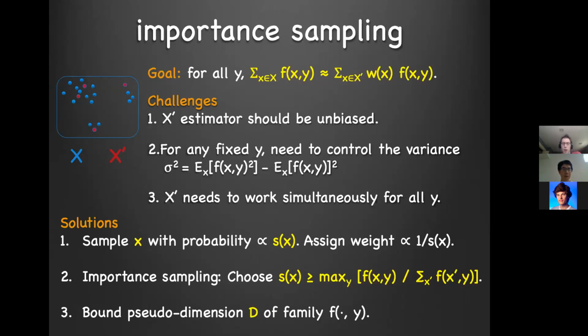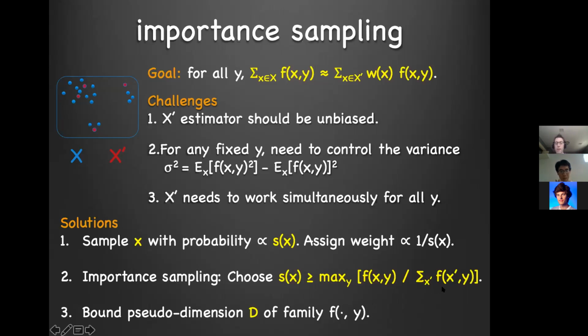And so let me walk you through that expression. The sensitivity, for a point x, is the largest fraction of the log likelihood that that point could contribute to any model. So how important is this point individually to the total likelihood of a model? You see here, the denominator is the total log likelihood of a given model. The numerator is the contribution just from that one point, and then we want to maximize this over all models. So that is the sensitivity of a point x. Now the tricky thing is that to evaluate this, you have to maximize over the models and sum over all the points.